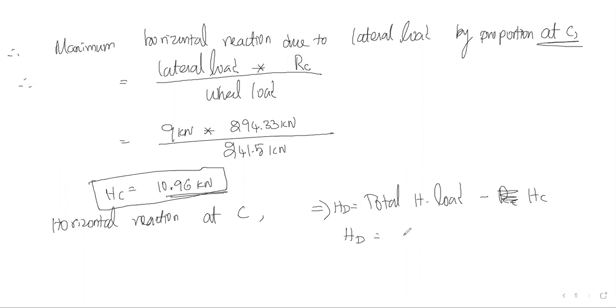So HD is equal to 18 minus 10.96. So it becomes 7.04.